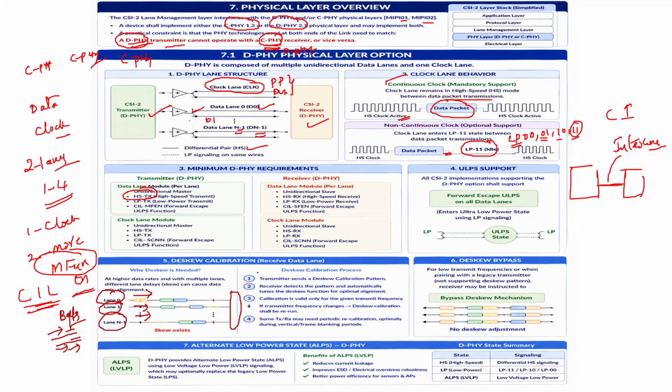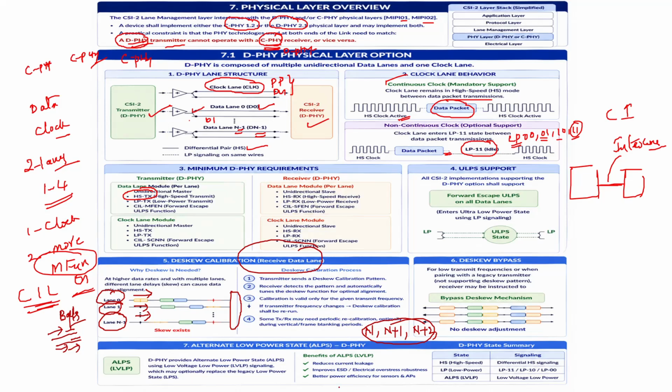That is the purpose of D-skew calibration: receiving the data in different order, and then arranging it by who came first and who came last. After that, all the data is arranged in the same order: N first, N plus 1 next, and N plus 2 after that. It automatically arranges the order. That is the skew purpose.